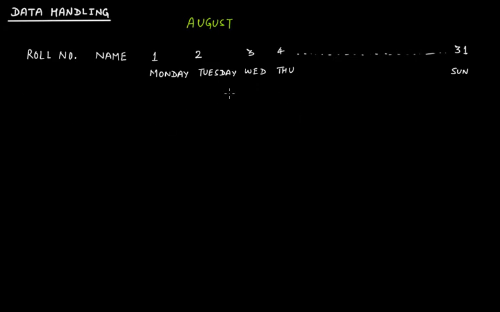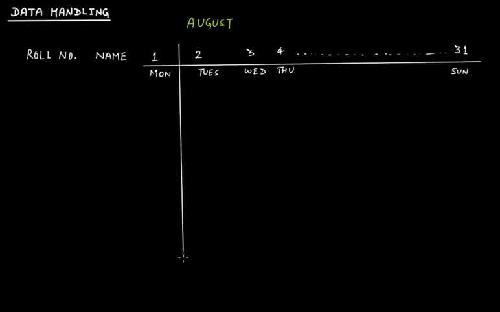Okay, and let me draw it here. Like this, and then so this column 1, this 2, this 3, and so on.